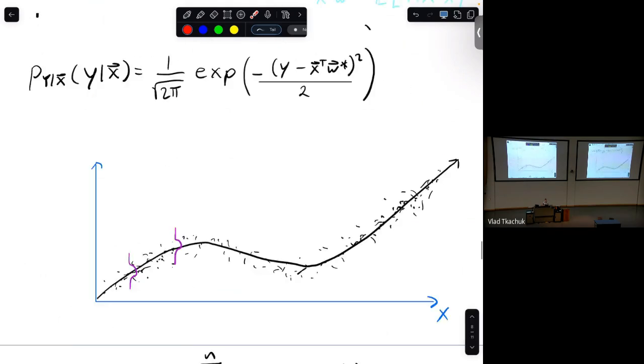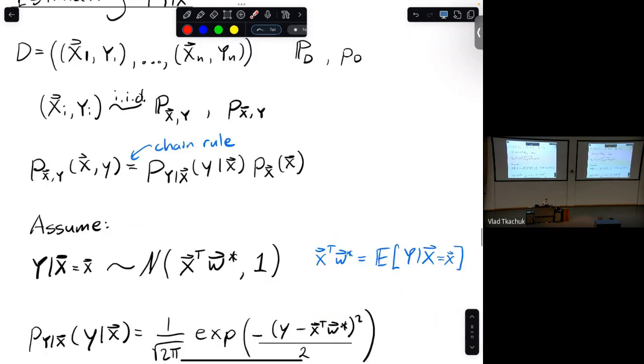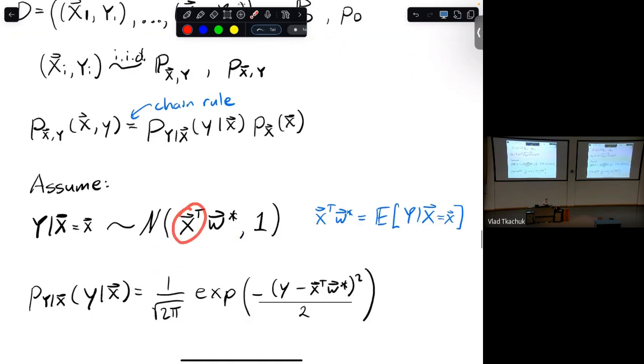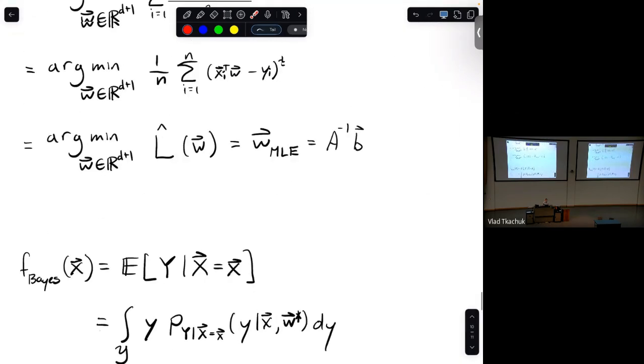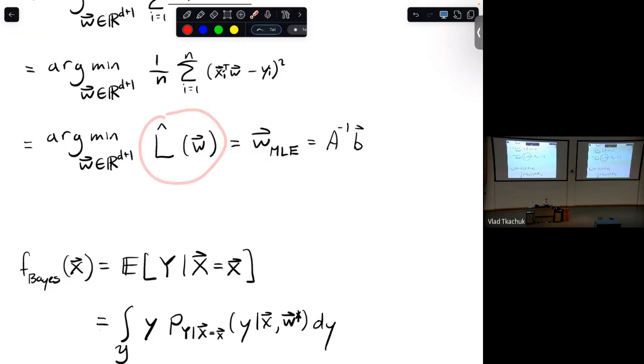You can also change this linear part to polynomial features. You could replace this x transpose with the phi function that maps it to a polynomial, and you will exactly end up with the normal version we've seen before, with this L replaced with LP, where you end up with polynomial features of degree P. That's the nice correspondence.